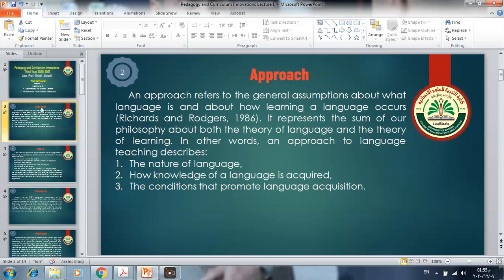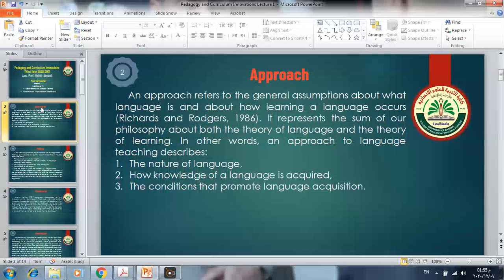The approach gives us the assumptions about the language, and of course it also gives us the ways through which the learning of language occurs. The approach represents the sum of our philosophy about both the theory of language and the theory of learning.